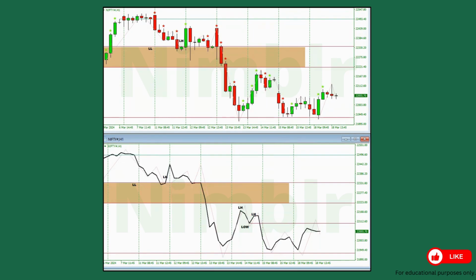However, on a smaller time frame, there is a lower low which has occurred here, which shows that this is a descending wave, and generally descending waves provide a little bit of bounce. So if you go on this basis, there is a small support here.